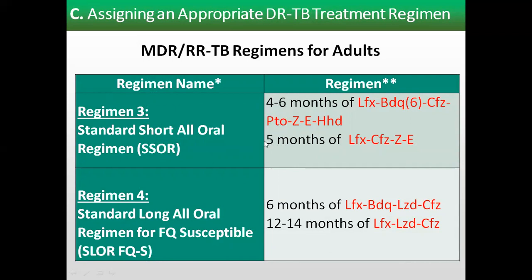So, ang SSOR natin can be 9 to 11 months. Okay? So, later on, you will know kailan ba siya pwedeng 9 months lang or kailan siyang mag-extend up to 11 months. So, for the first 4 to 6 months of the regimen, you give, again, levofloxacin, BDQ, bedaquiline, meaning, bakit siya may 6 dito, open and close parenthesis 6?